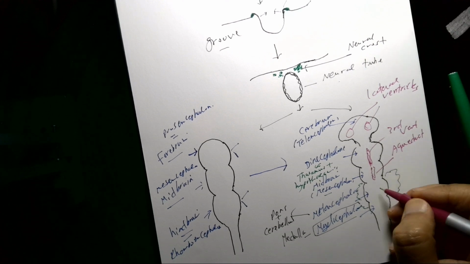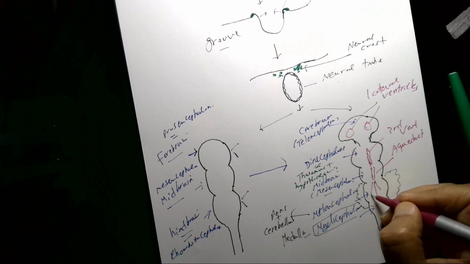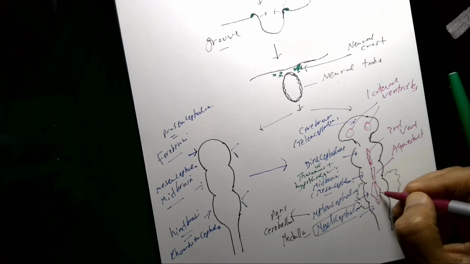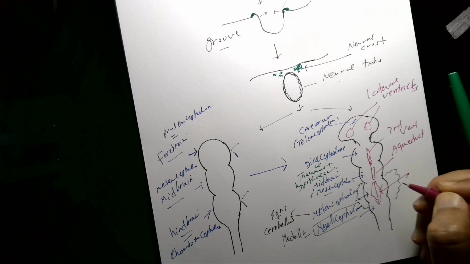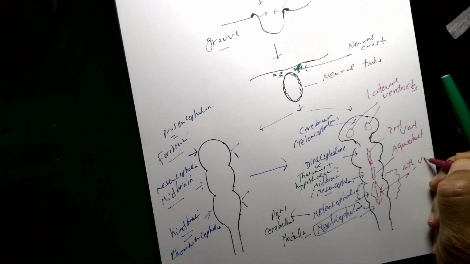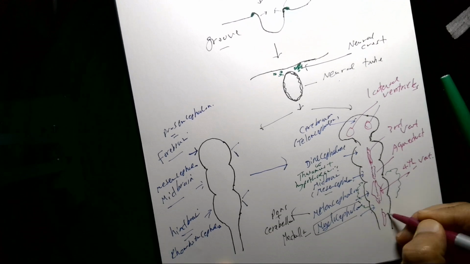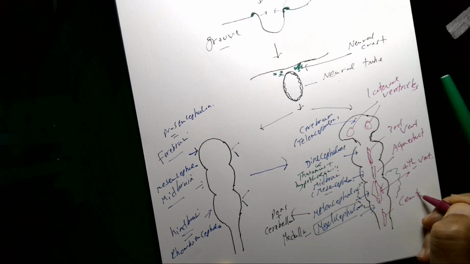Then this is the fourth ventricle here, related to the hindbrain or the caudal part, related to the metencephalon and the myelencephalon. Then the central canal in the spinal cord and the medulla.